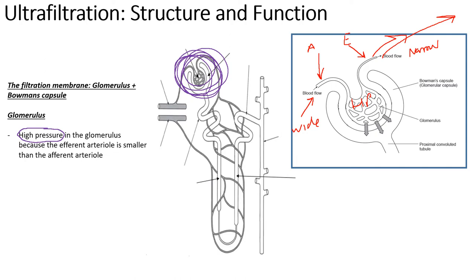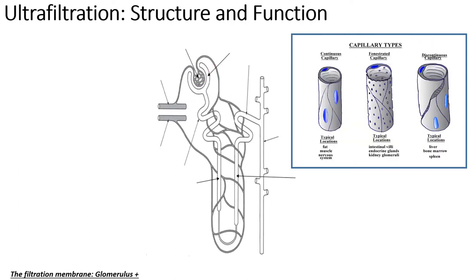That's one reason why the glomerulus is specifically suited to ultrafiltration. It forces the blood under high pressure, and that allows us to filter out the small molecules that are in the blood.